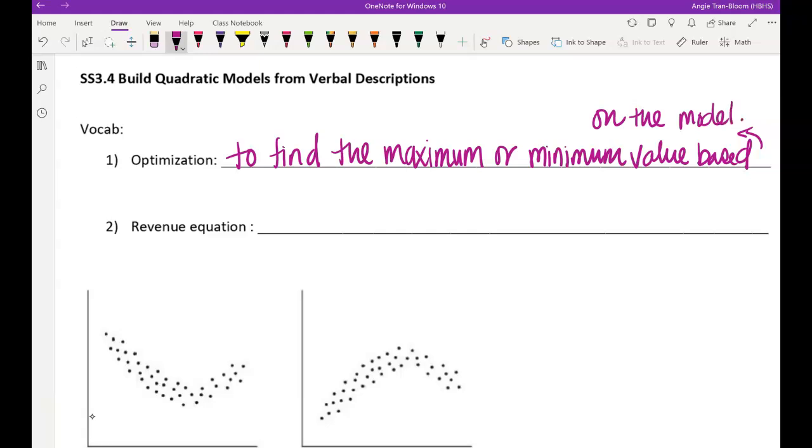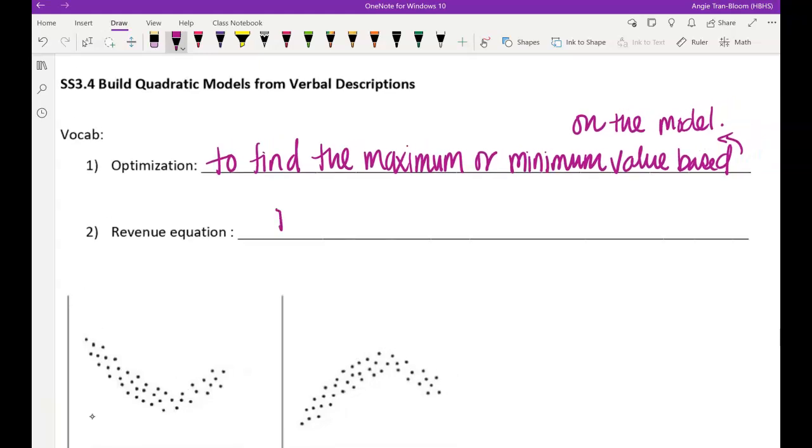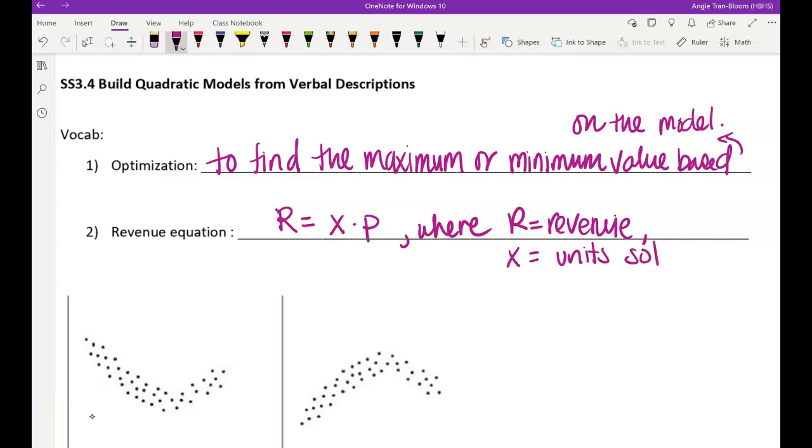Our revenue, students, it's going to be an equation. Revenue equals X times P, where R represents revenue, X represents the units sold, and P represents price.